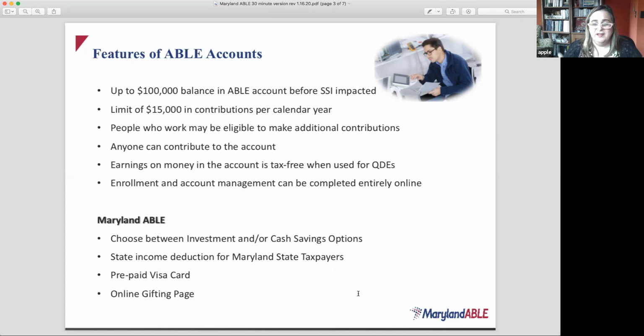You don't share account numbers with one another. You just send someone a link to the gifting page. They're able to make a contribution, very similar to a GoFundMe page, but in this case 100% of the contribution goes to the ABLE account. There's no fee charged for that.